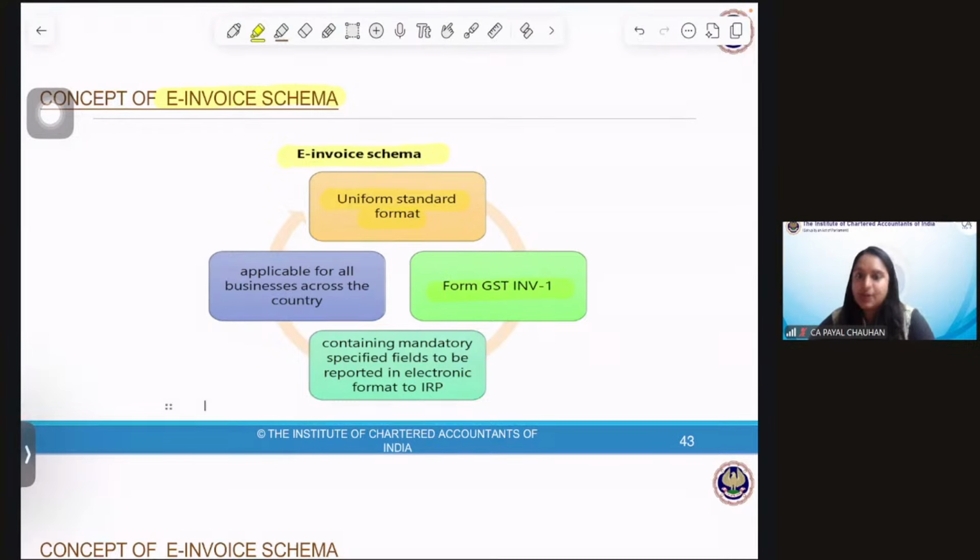It contains mandatory specified fields to be reported in electronic format to IRP and is applicable for all businesses across the country. It doesn't matter what kind of business you are doing. If you are a notified person, you have to fulfill all the mandatory fields mentioned in GST INV1 as per the e-invoice schema. Did you understand?